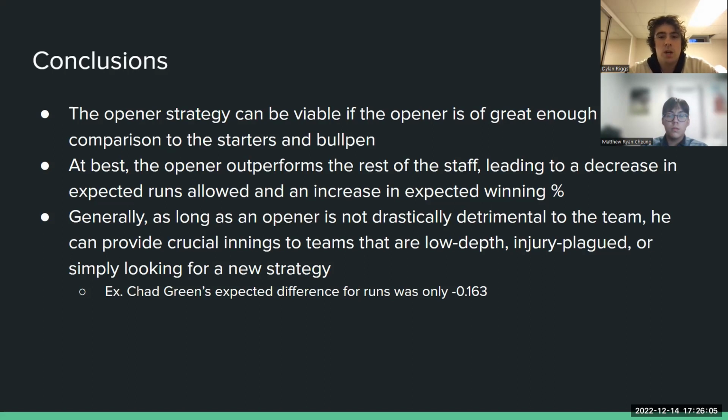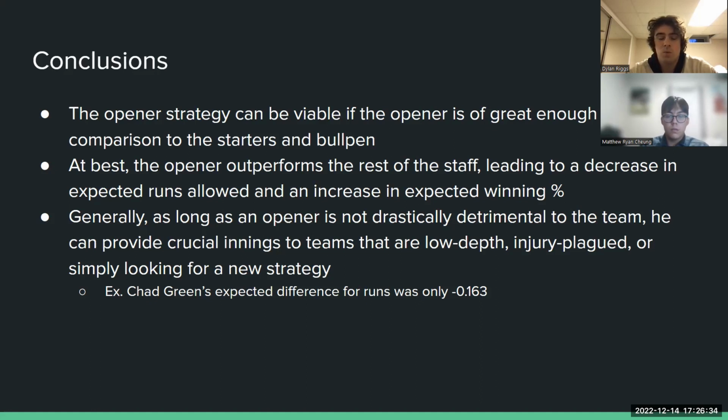The opener strategy can be viable if the opener is of great enough quality in comparison to the starters and the bullpen, is what we decided on based upon this. At best, we can hope that the opener outperforms the rest of the staff, which would lead to a decrease in the expected runs allowed and an increase in the expected winning percentage. So basically, as long as the opener is not detrimental to the team, he can provide crucial innings to a team that may have low depth at the pitching position, be injury plagued, or just looking for a new strategy to use.